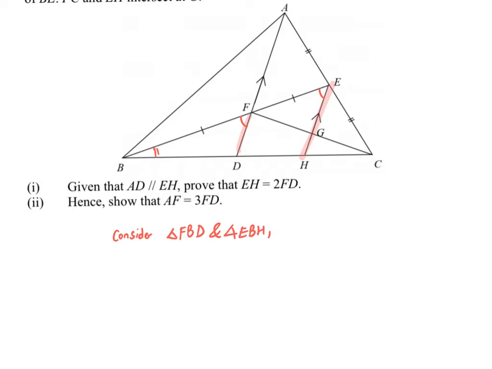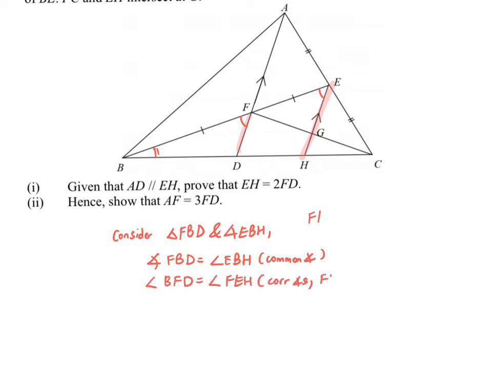You can see that angle FBD is equal to angle EBH, since it's the common angle. You can see that angle BFD is equal to angle FEH because of corresponding angles, as FD is parallel to EH.